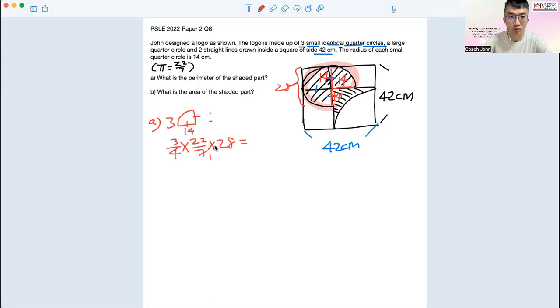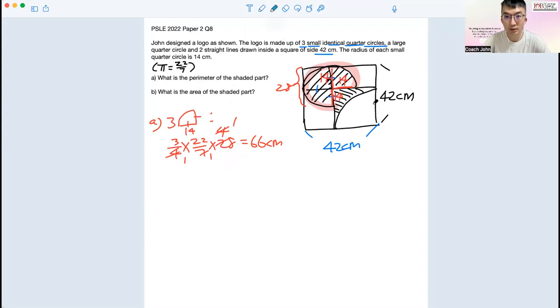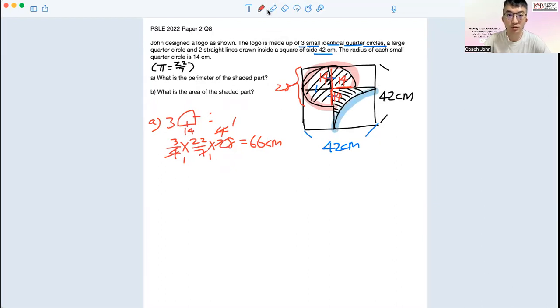And then you do your simplification, and then tada, 66 cm, even without using calculator. Yeah, that's a beauty. That's why I like when we have pi in fraction, because it's easy to cancel off, and they'll give you numbers that allow you to cancel off.